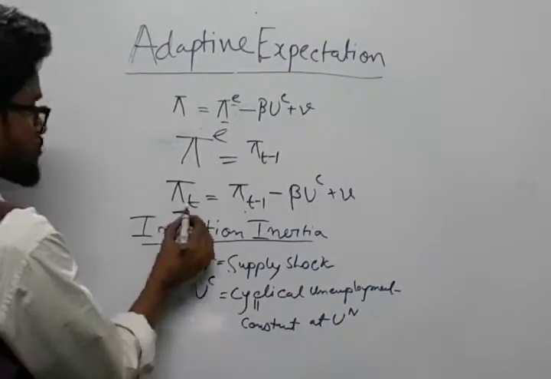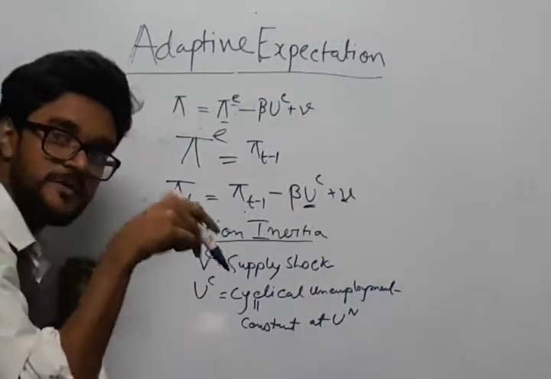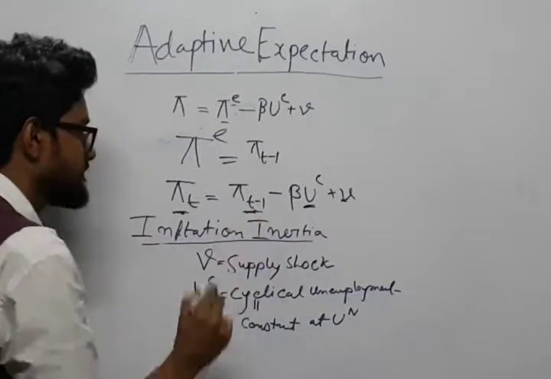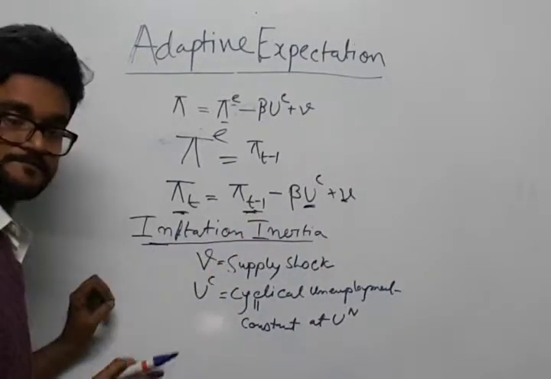So usually, as these two terms are constant, the inflation of this year depends on previous year's inflation. This is known as inflation inertia.